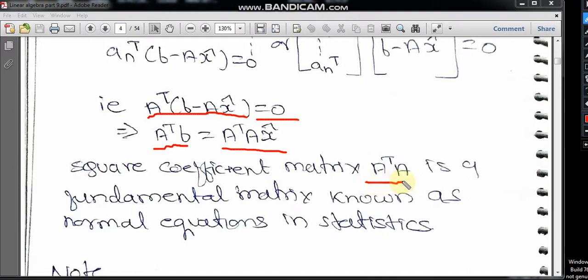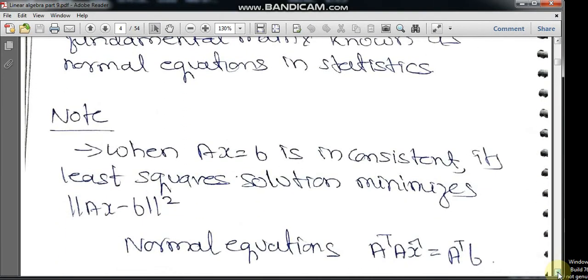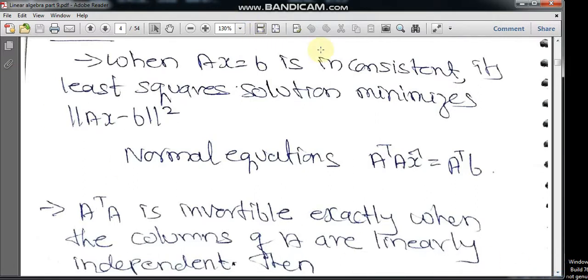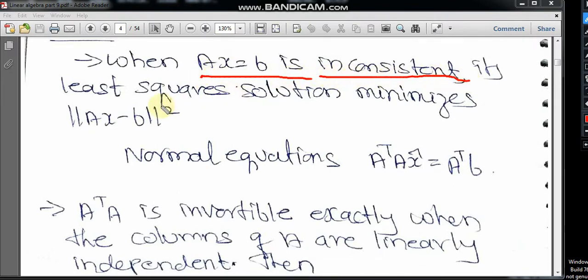A transpose A is a fundamental matrix known as the normal equations. They are called the normal equation, A transpose multiplied with A, in statistics. When Ax equals B is inconsistent, that is, when you don't have a solution, you can solve it by using the least squares method that minimizes the error.